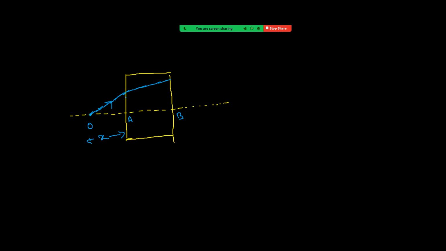and goes like this. Now what I'm doing here is extending this light ray back. See carefully. Extending that light ray back. Let me draw this extension back once again.